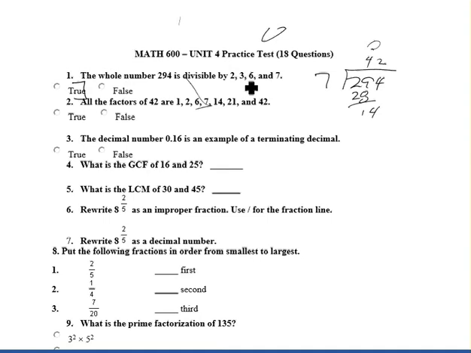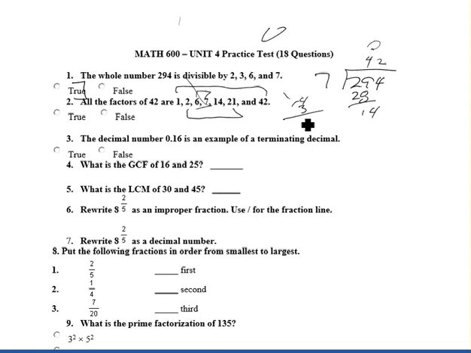You could just use your calculator, or I just do long division. All the factors of 42 are 1, 2, 6, 7, 14, 21, and 42. Well, 1 times 42 is 42, so those are factors. 2 times 21 is 42, so those are factors. 6 times 7 is 42, and 14 times 3 is 42.